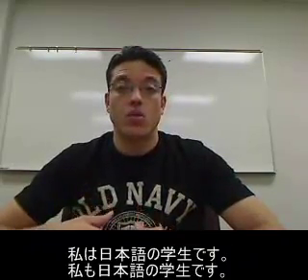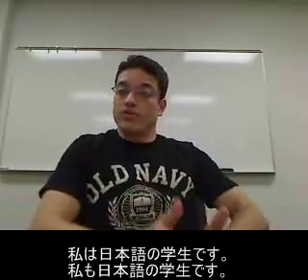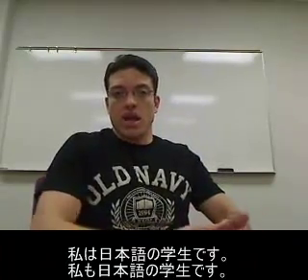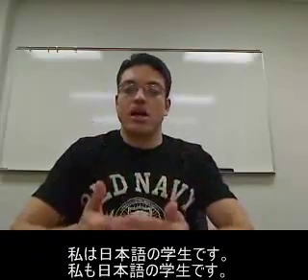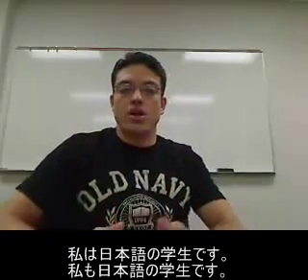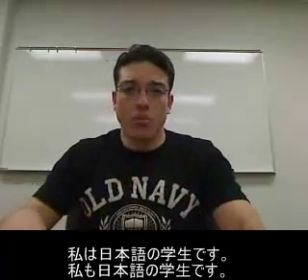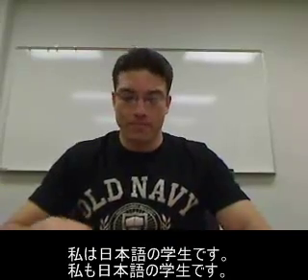So you say, 私も日本語の学生です。So the first one would be 私は日本語の学生です, and a complementary one, meaning you are at the same level or the same status as the other person, you'd say 私も日本語の学生です. And mo would take the exact place of wa.